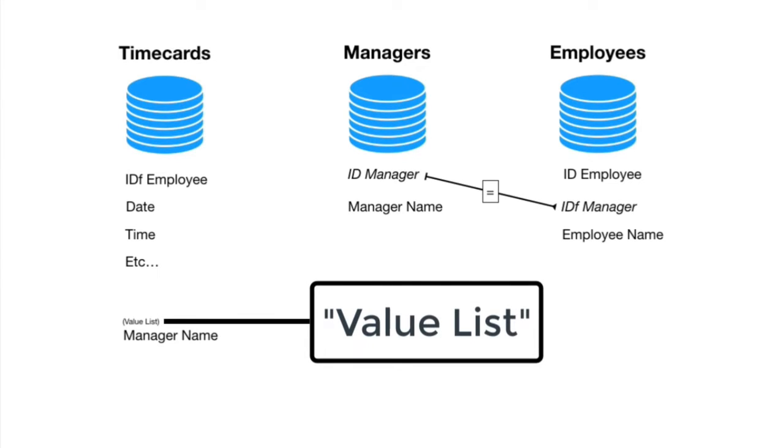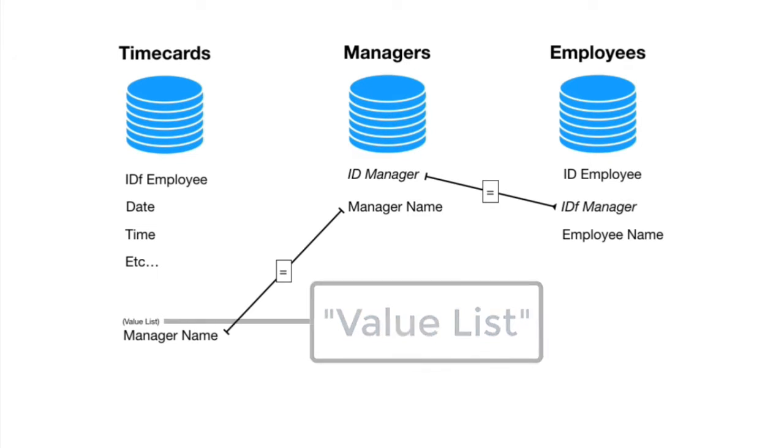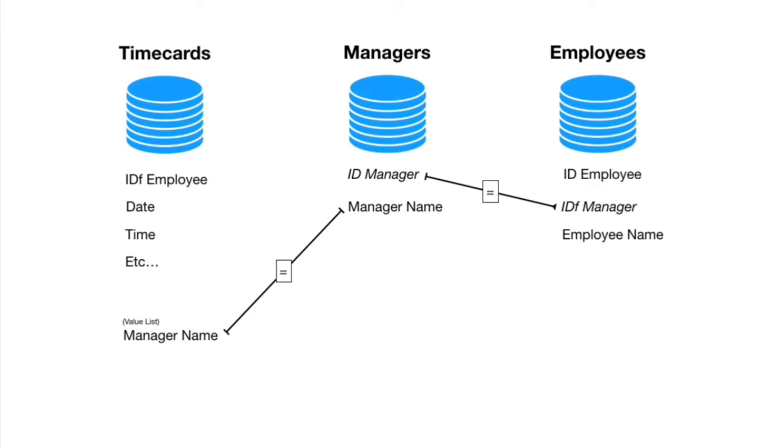Then, in the timecard table, I want to select a manager name via a value list. So I'm selecting a manager, thanks to a relationship with the manager name in the manager table. So I select the manager with the value list in the timecard.